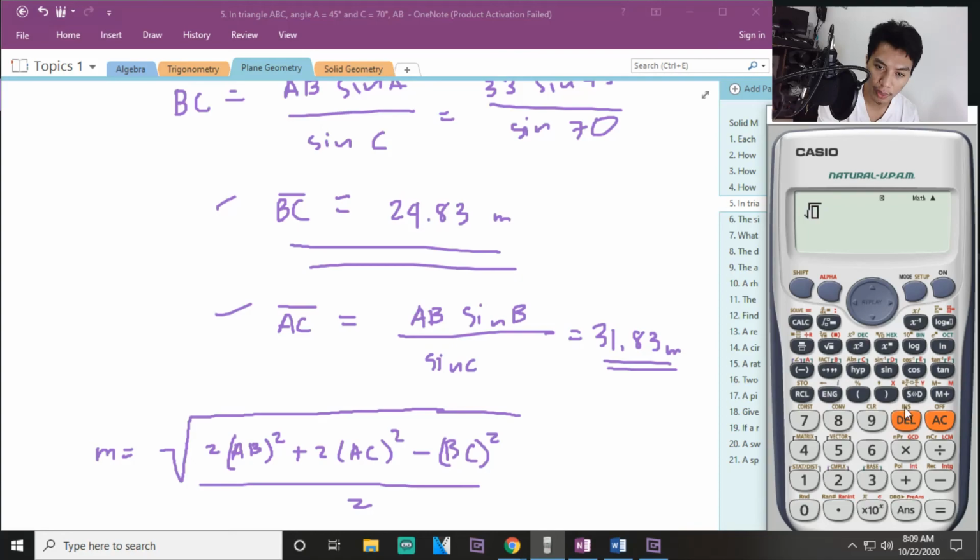So, square root ng 2 times AB, which is 33 squared, plus 2 times 31.83 squared, minus BC, which is 24.83 squared. Ayan. So, divide natin ng 2. The answer will be 29.94.